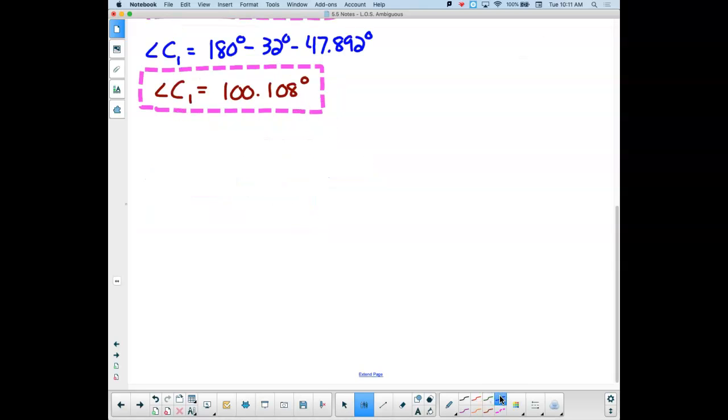Okay. Then we've got the sine of 32 degrees over, was it 5?